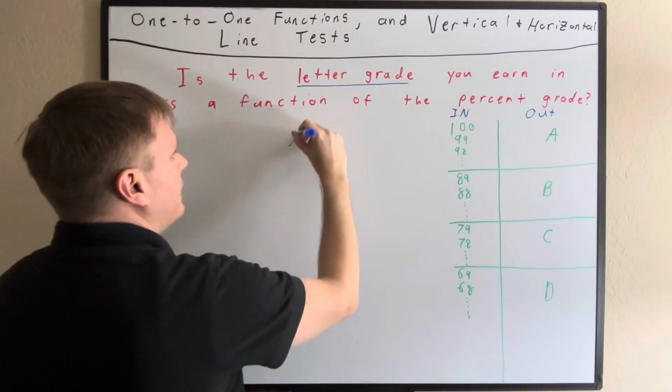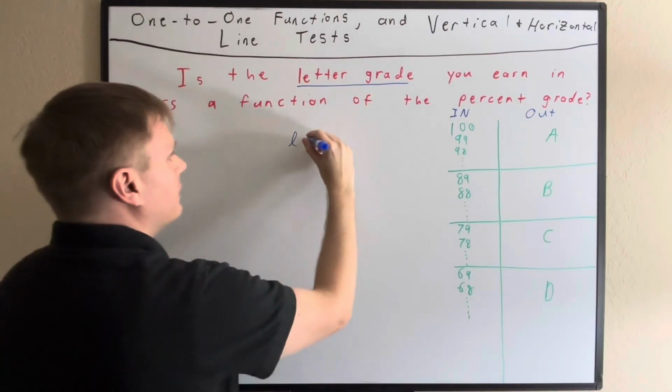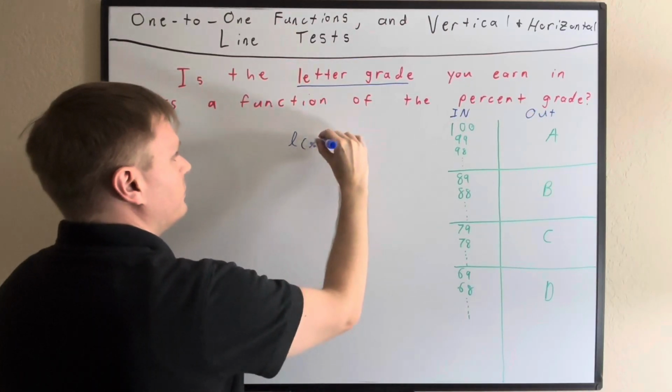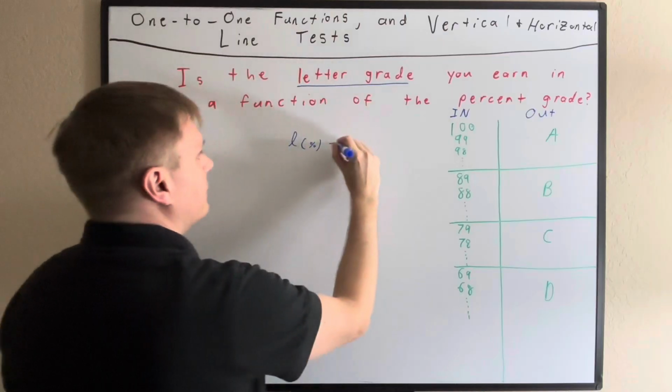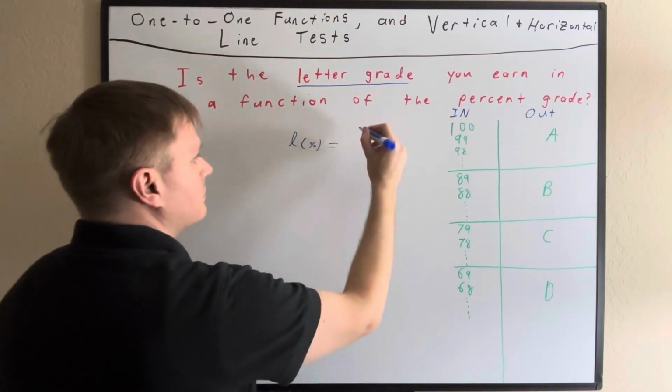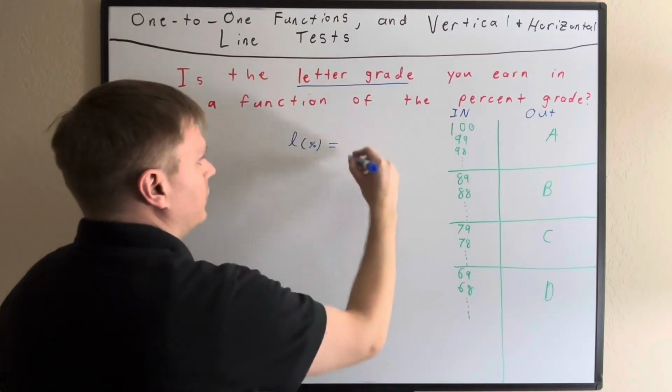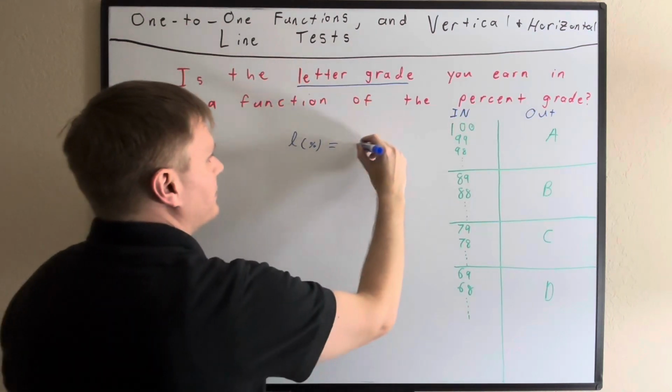So let's just say L for letter grade, percent symbol for our input equals, whatever, something percent.